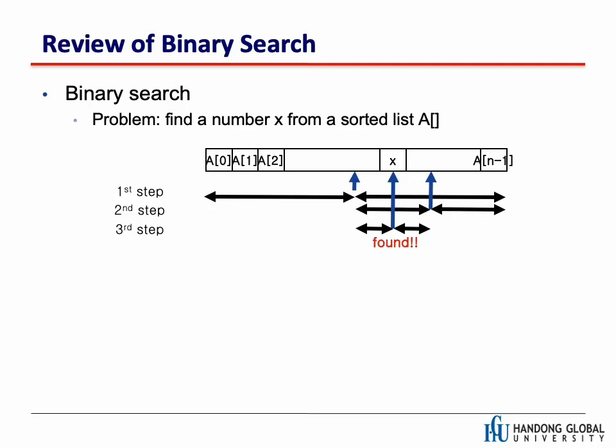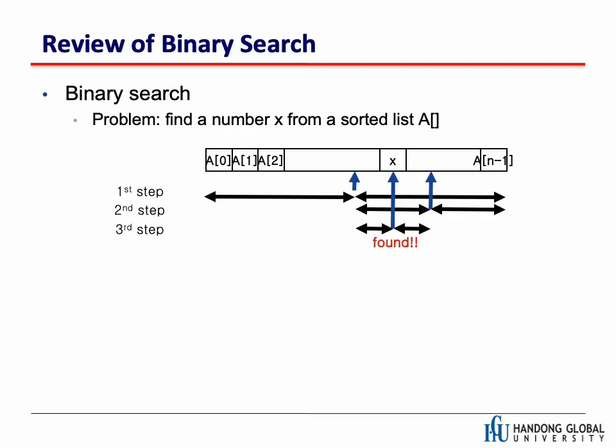We check the middle one of this right half, and depending on its value, we can focus on the left or right again. Repeatedly, or recursively, we can do this. By doing this, we can minimize the number of comparisons. In the best case, we can find it with constant computation cost.